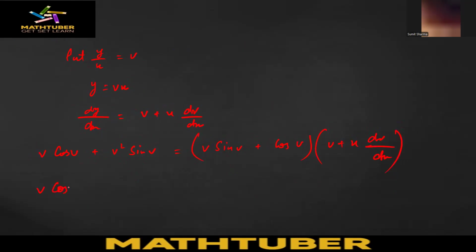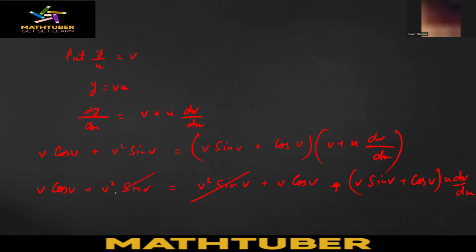And then separate all these terms. You will get v square sin v plus v cos v is equal to, sorry, plus v sin v plus cos v into x dv by dx, right?